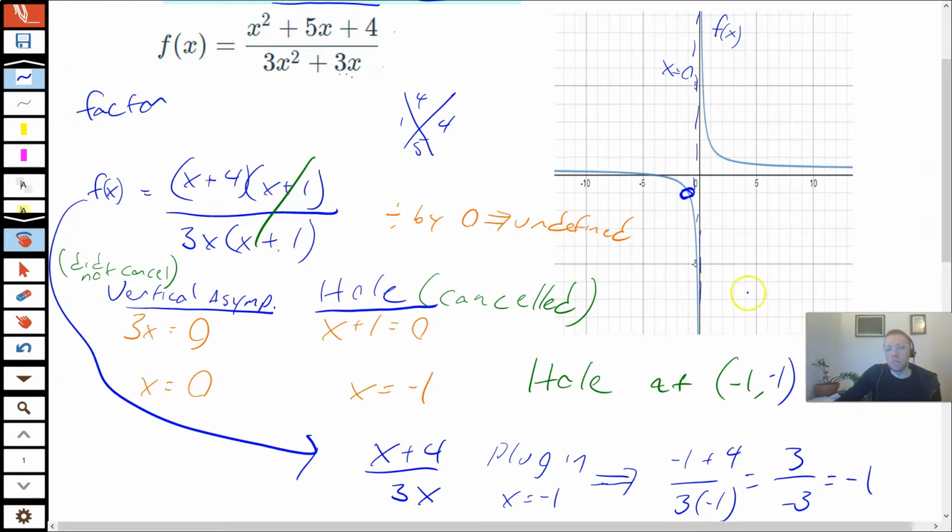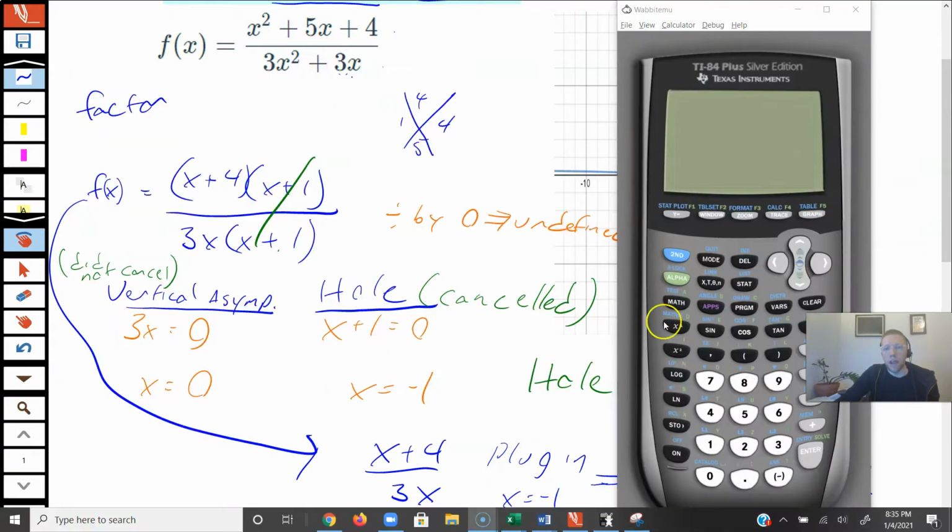I do want to show you what this looks like on your graphing calculator. So if you have access to your TI-84, I've graphed it in here as well. The way I typed it in is just a little fraction bar in parentheses, and I just typed it in as it appears. And notice when I graph it, I get that same shape, and that hole doesn't really show up either, right? So again, you're going to have to be a little bit smarter than the graphing calculator.